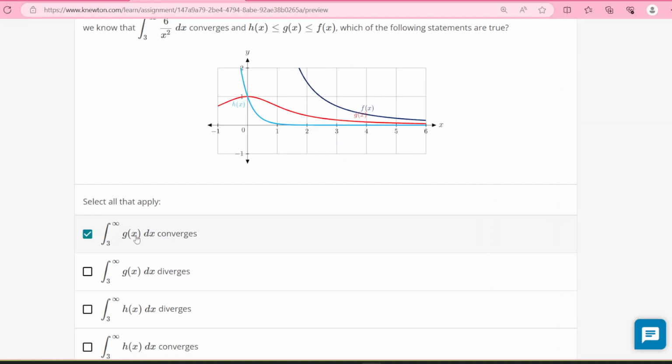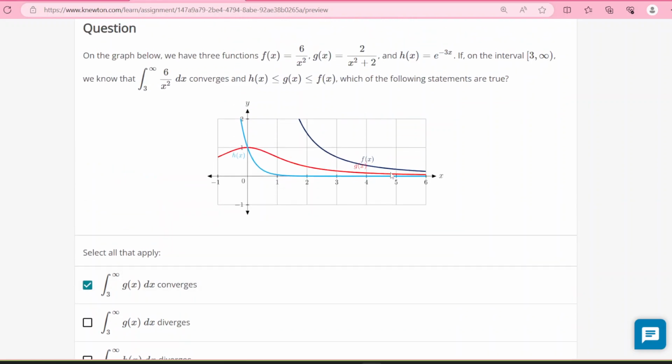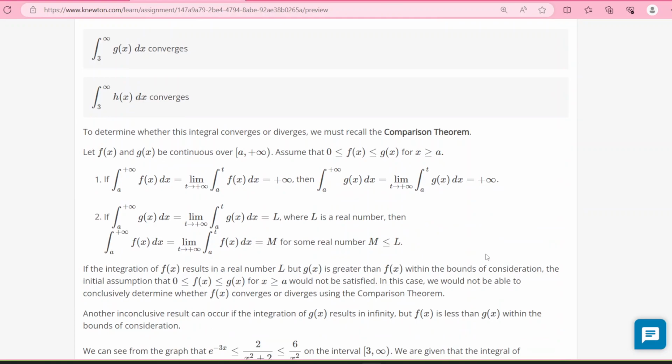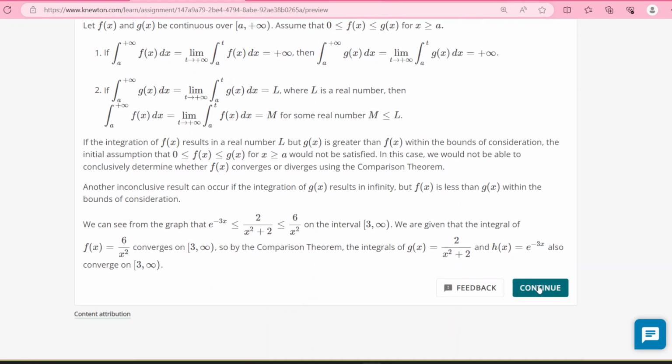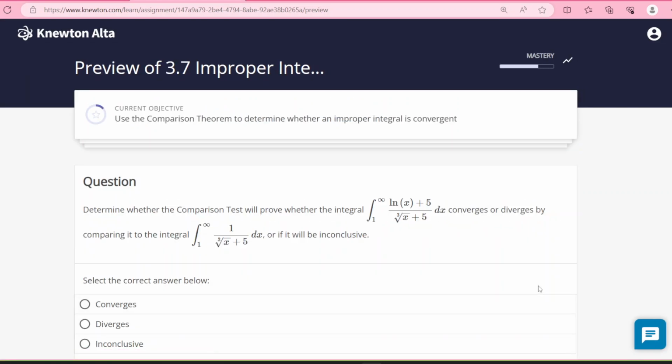That's the last option here. We know that both of those would converge because they are smaller functions than f, and f converged as well. And again, they discuss the comparison theorem again. Great. So that was nice. You didn't have to do any integration there.